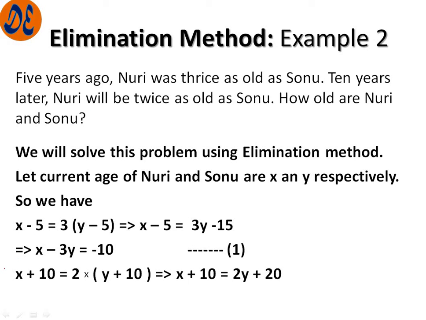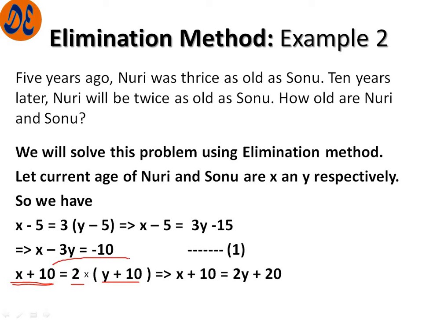10 years after. So 10 years after, Nuri's age will be x plus 10 and Sonu's age will be y plus 10. Now the question says Nuri's age is twice the age of Sonu. So again we multiply the age of Sonu by 2 to make it equal to Nuri's age. Now if we solve, this is 2y plus 20.